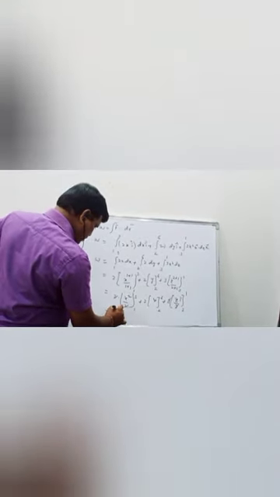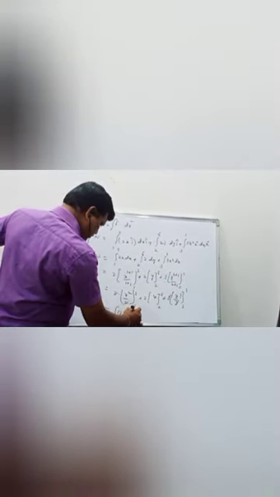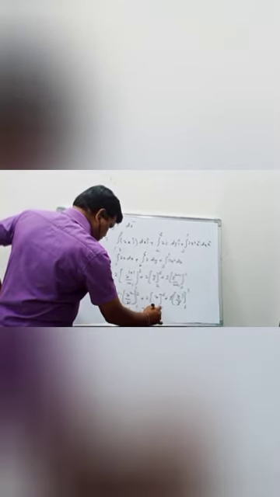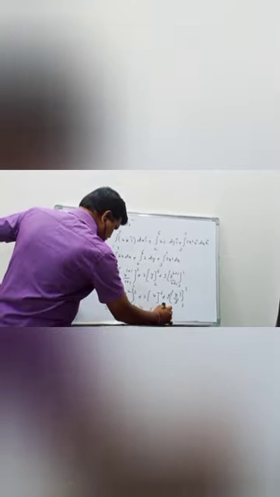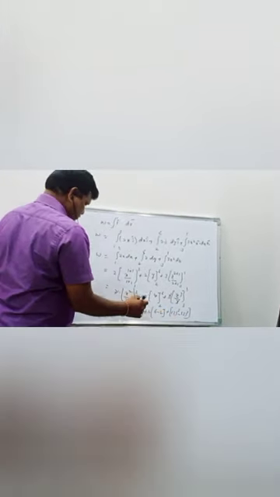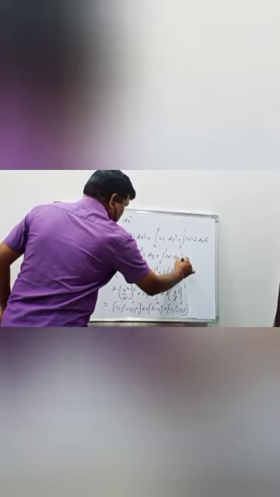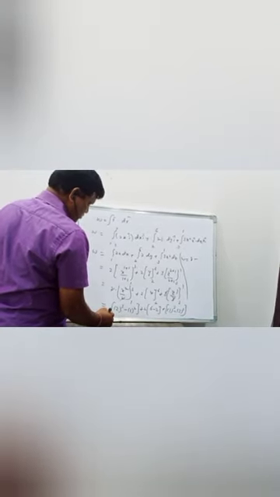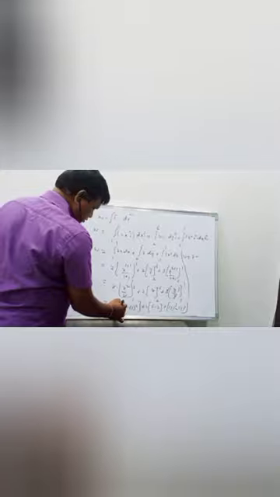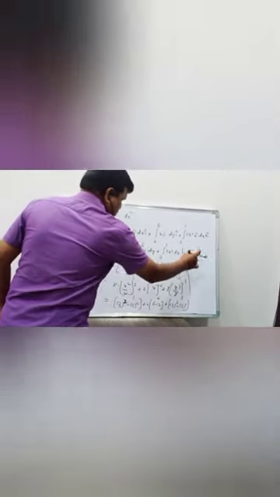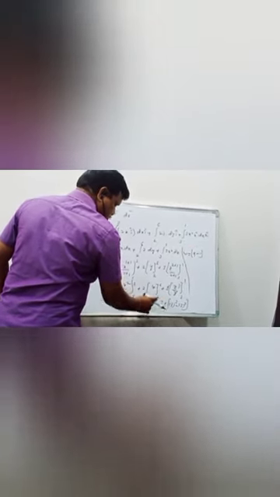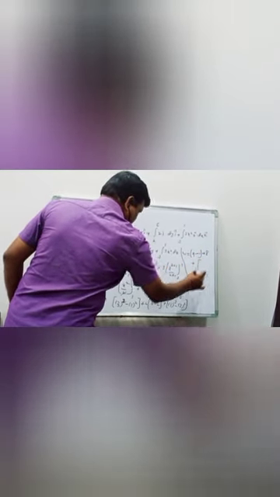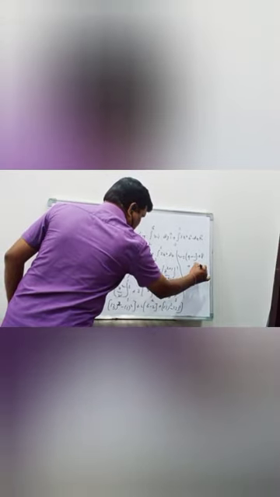Then substituting upper limit minus lower limit: (3² - 1²) + 2(6 - 2) + (1³ - 3³). Therefore W = 9 - 1 = 8, plus 2 into 4 is 8, plus 1 minus 27, that is minus 26.